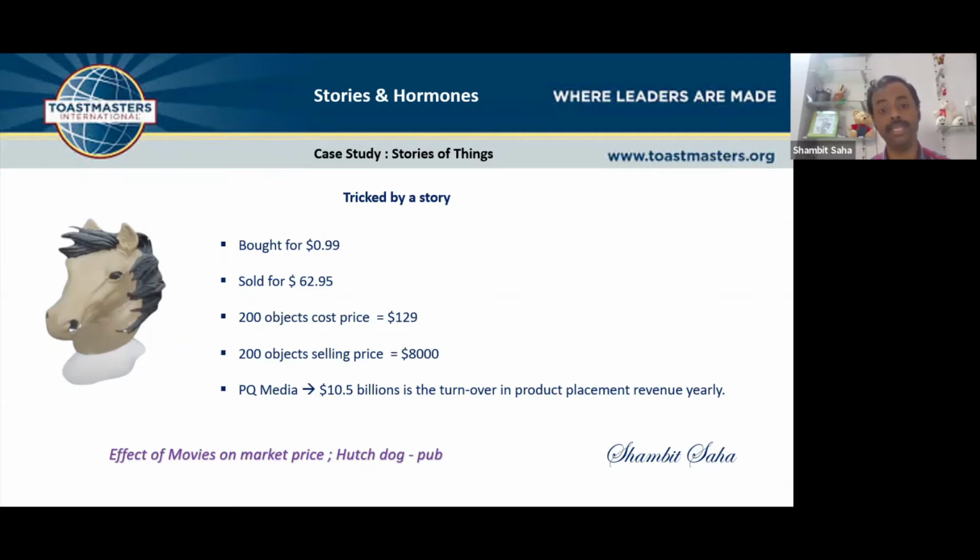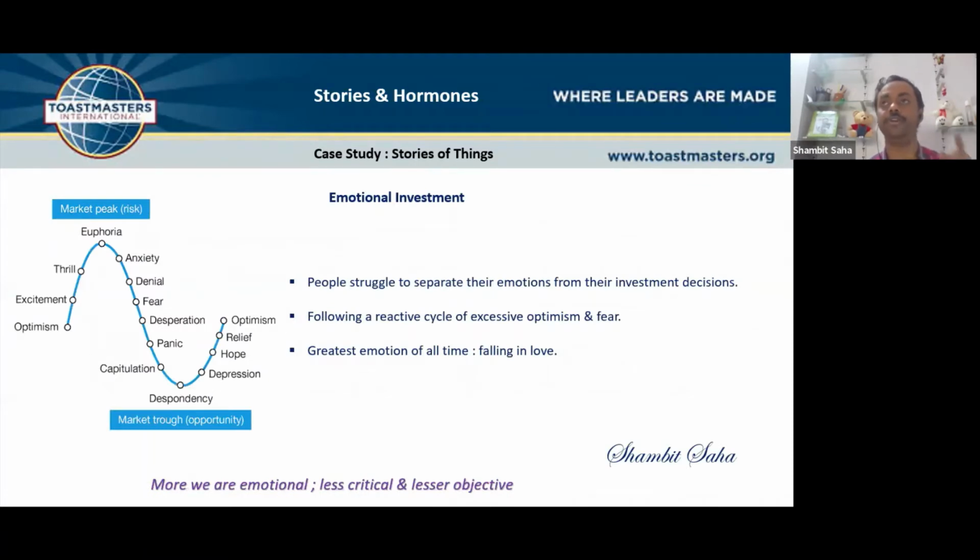In fact, PQ Media, who study revenues and sales, say around $10.5 billion is the turnover in product placement revenue yearly. If you don't understand this business jargon, it's very simple: when people place a product on the market, how much turnover do they see? That is the amount. So $10.5 billion.